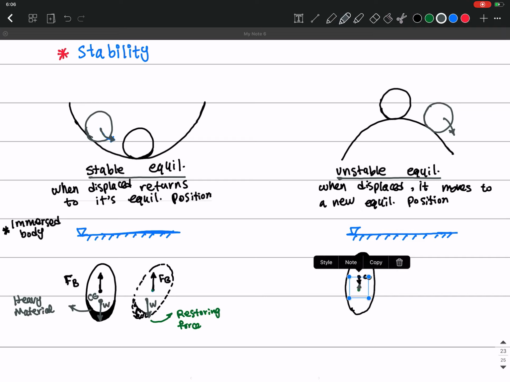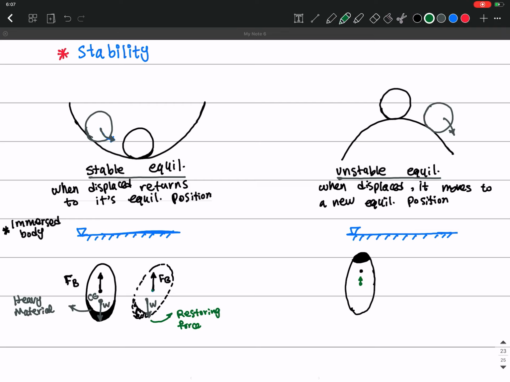Let me increase the size a little bit, so it can be clearer. So we have a center of gravity that acts, say, from here. And then we have the buoyancy force that acts, say, from the center.